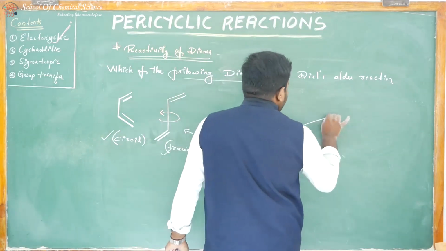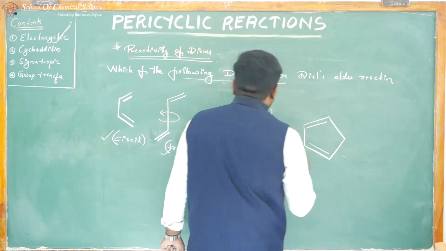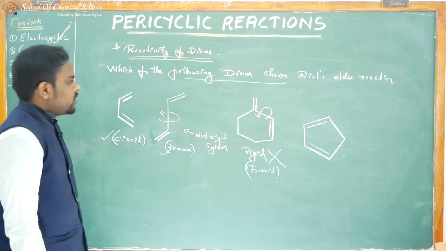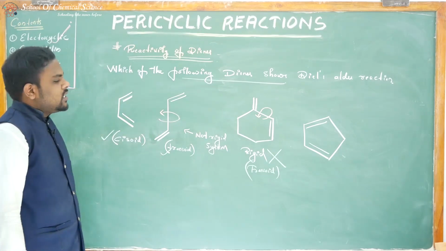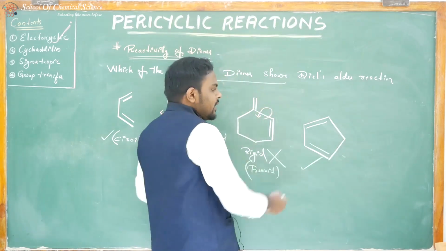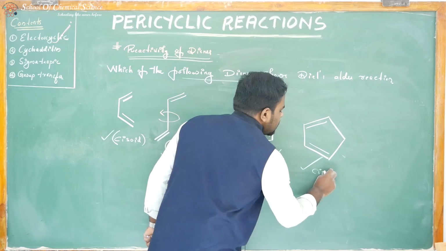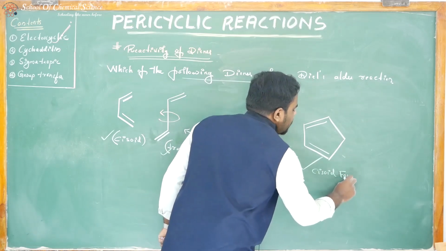Then the next question, another diene. Whether this diene shows Diels-Alder reaction or not. Yes. Why? This is in cissoid form.